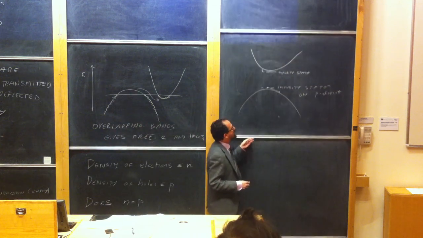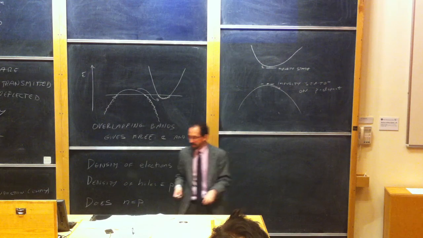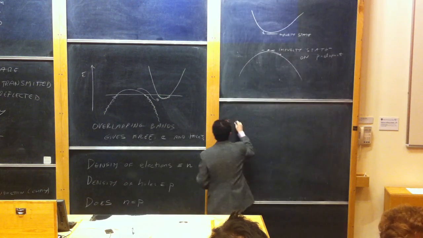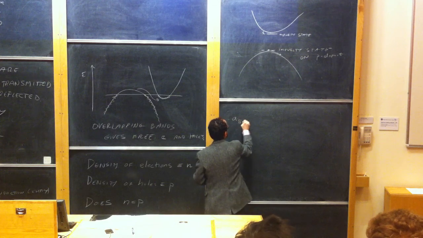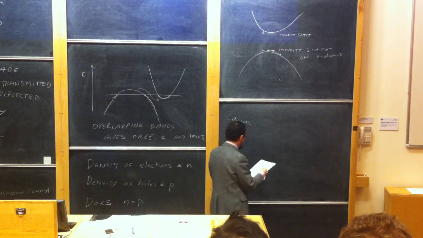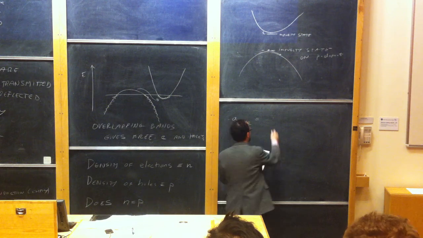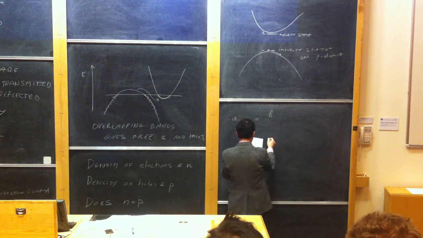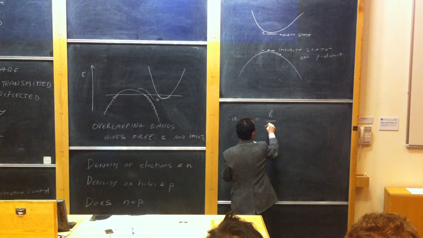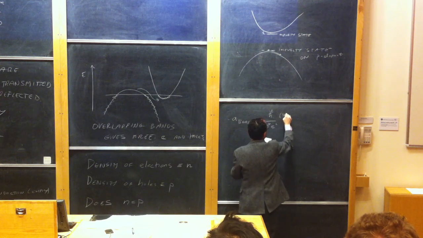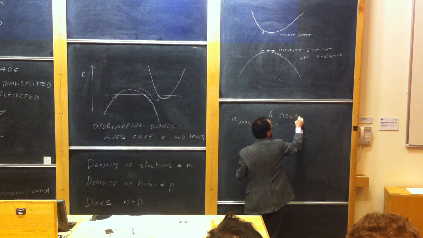One more comment about these impurity states is that you can similarly calculate the effective Bohr radius, a Bohr, of these hydrogenic orbitals, by analogy to the hydrogenic orbital, and the expression for the Bohr radius, if you remember, looks something like this: 4 pi epsilon naught epsilon r.